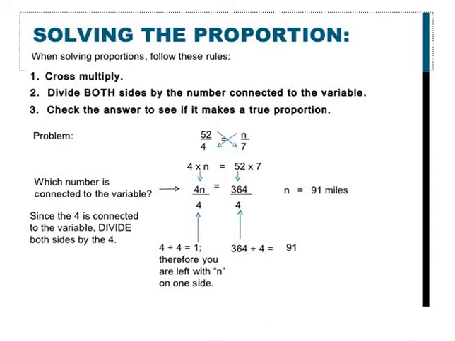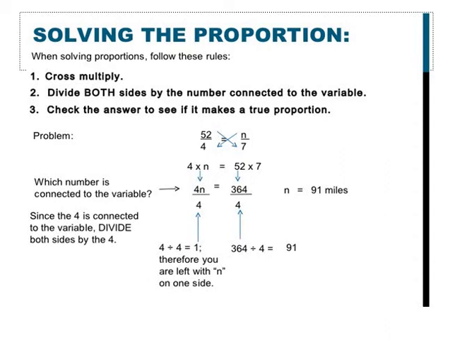Then, as I said, I don't want 4n, I want only one n. So I get rid of 4. It's multiplied by n, so I divide. By dividing by 4, the factor multiplying n becomes 1, because 4 divided by 4 equals 1.